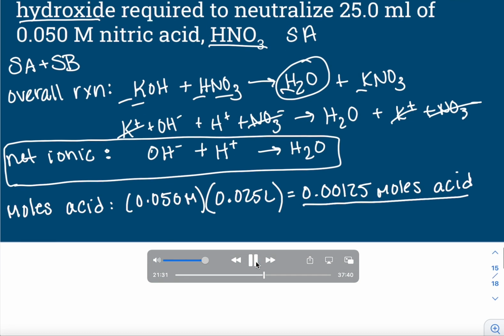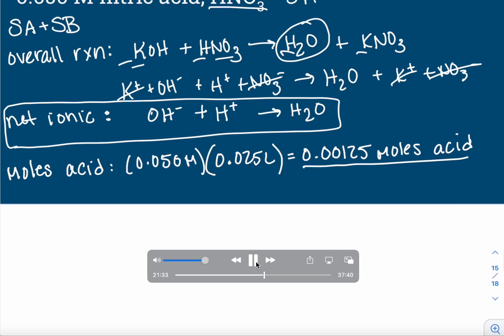We know it's 1-to-1 ratios, but I'm just going to do it out to show you. So the moles of OH- you would need, or you can do KOH if you're using the overall reaction, is going to be, we have this many moles of acid.